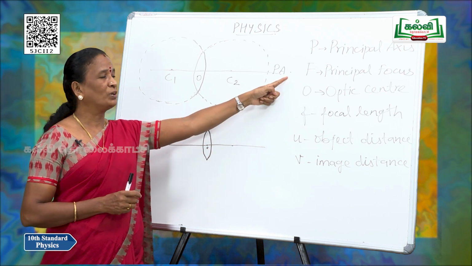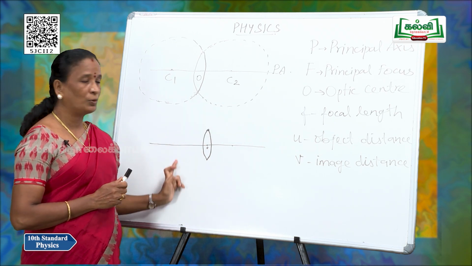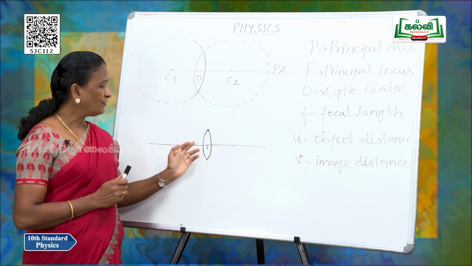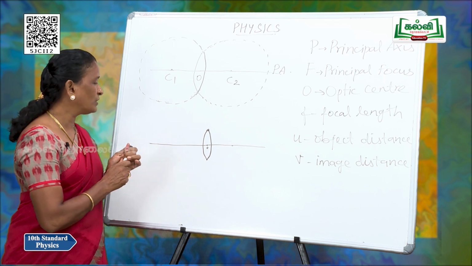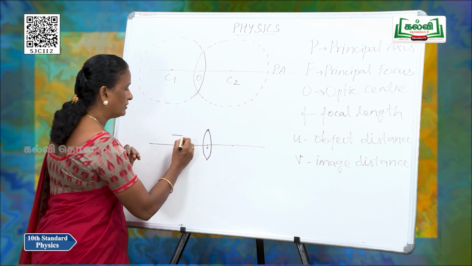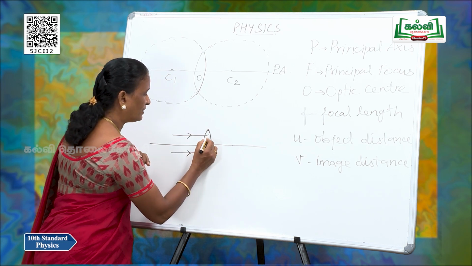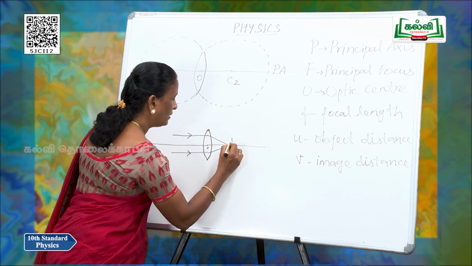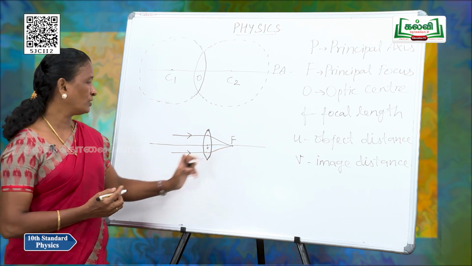Next we see the principal focus. What is principal focus? The rays parallel to the principal axis strike the lens. After refraction, they converge at a point on the principal axis. See here, the rays parallel to the principal axis, after refraction, converge at a point on the principal axis; that is called principal focus.